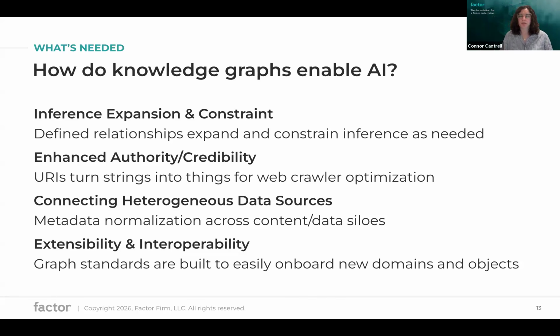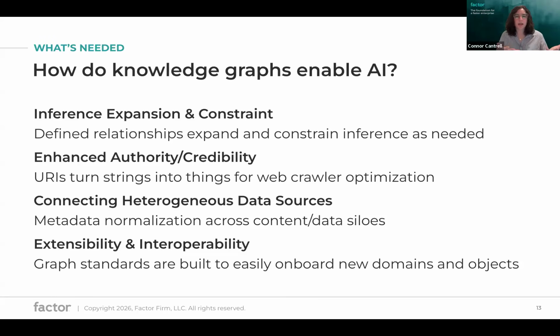So first, I think what's probably most exciting to our engineering partners is the notion of bringing in some deterministic inference expansion and constraint, which can make our AI experiences even more accurate than they already are by supplying them a machine readable model of what data is related and what isn't. I think actually that's why we had so much friction with those Copilot prompt mapping processes because, reading the individual terms as strings and the relationships between the different levels of the hierarchy not being as explicit, I think caused us a lot of issues.